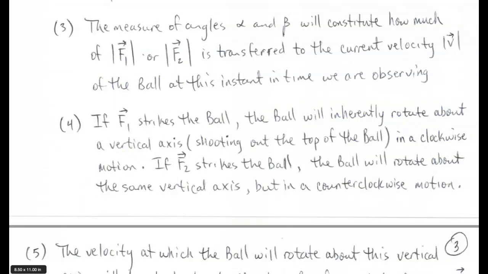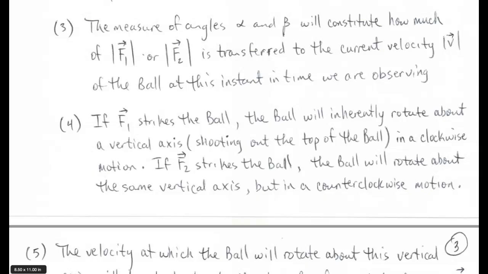All right, so moving on here, we know that the measures of angles alpha and beta will constitute how much of the magnitude of force F1 or F2 is going to be transferred to the current velocity, or the current magnitude of the velocity vector V, of the ball at that instant in time.